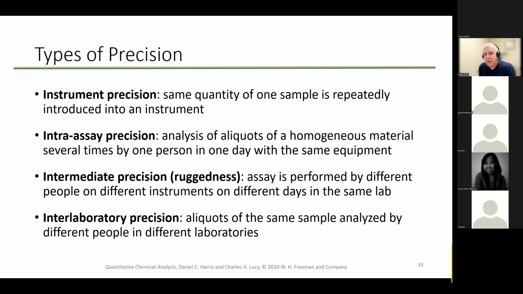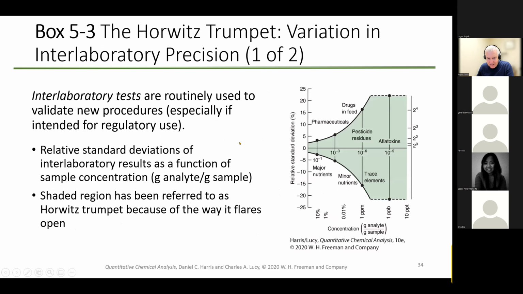So that's like the highest standard for precision, right? So now it turns out that these things are quite difficult to assess. And there's a thing called the Horowitz Trumpet here. And it basically says that the lower the concentration is, the more difficult this intra-laboratory assay is.